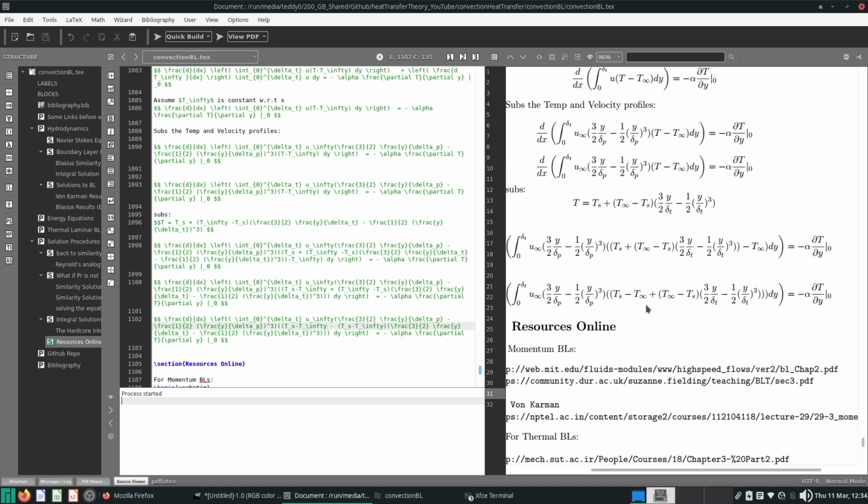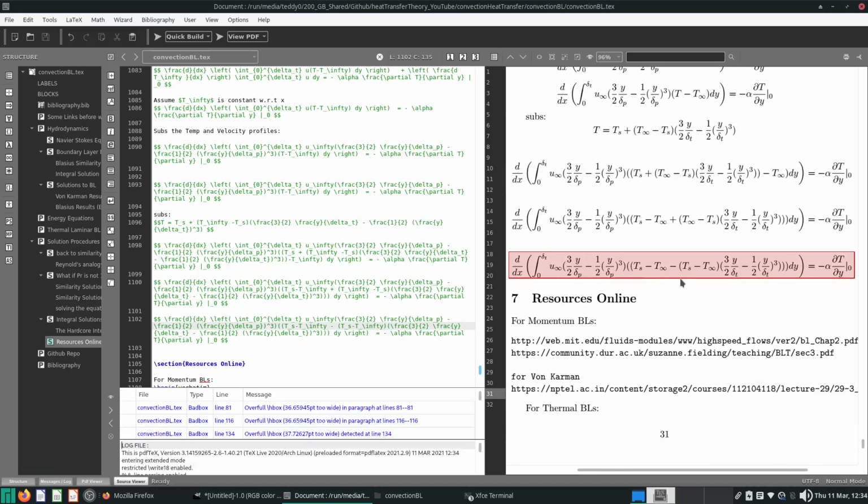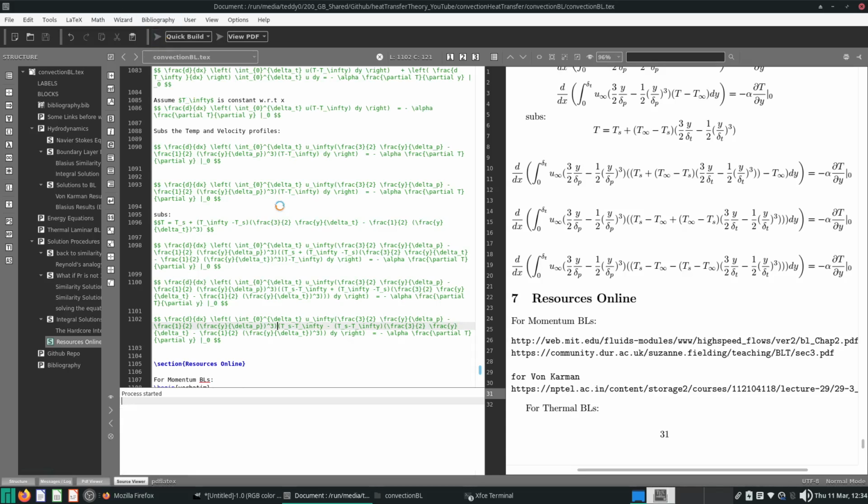I'm losing count of the brackets. There are too many brackets there. One parenthesis, two parentheses. I think they're double brackets, which are redundant, so let me get rid of the double brackets. Okay, now we are good to go.